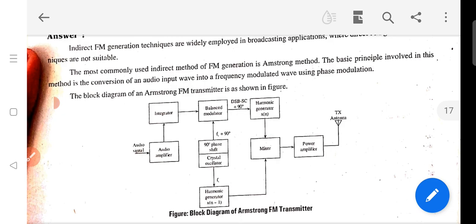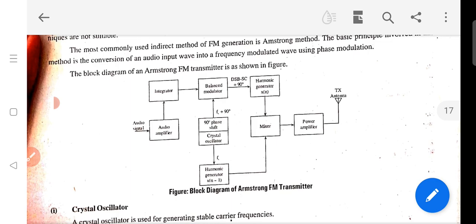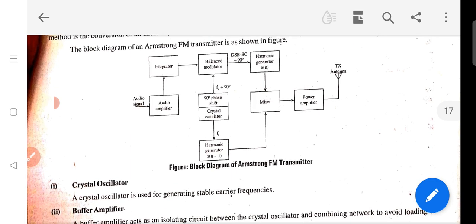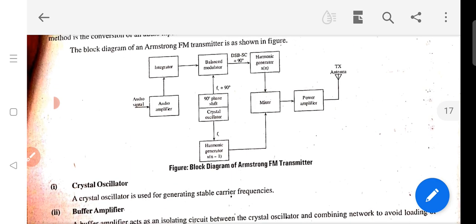That is the basic principle of the Armstrong method. This method converts the audio input wave into a frequency modulated wave using phase modulation. That is the Armstrong method. This is the indirect FM generation method.